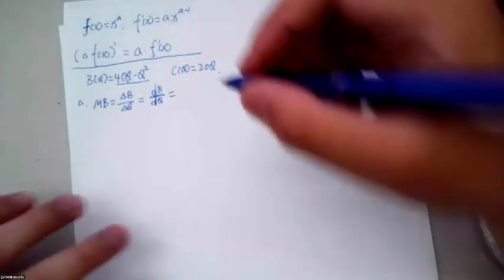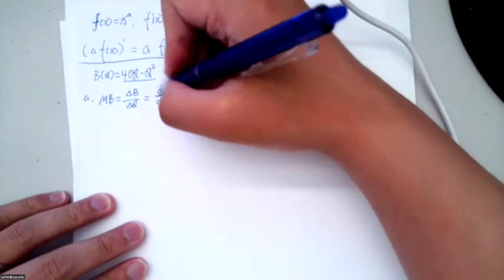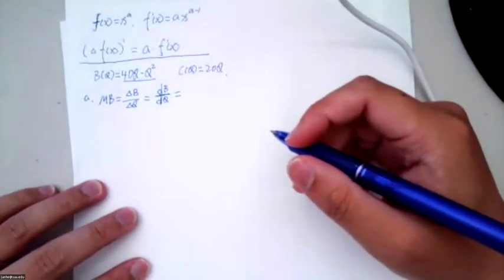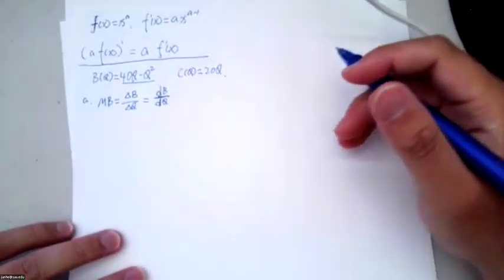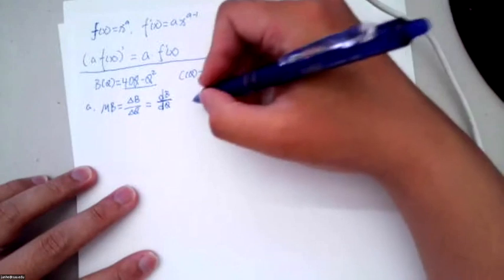We are then working on the derivative of 40Q minus Q squared with respect to Q. This derivative, okay, so here is the general function that we can apply.